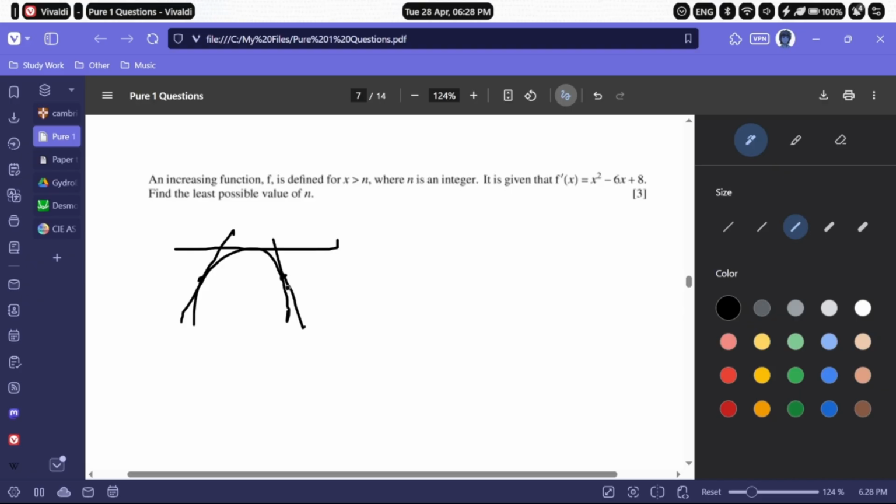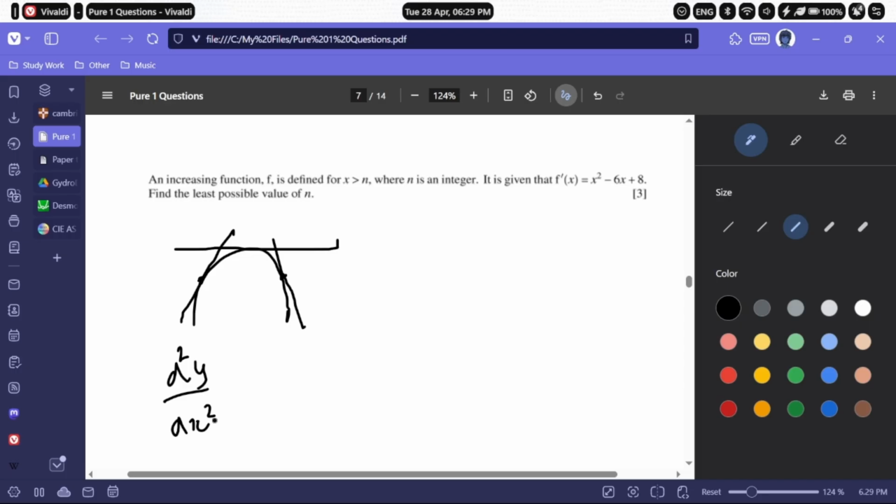Now, your second derivative, which is, let's say this curve over here is equal to y. So d2y by dx2 is, in simple words, the rate of change of the function. Now, rate of change of the function is basically your gradient. So basically, your second derivative just tells you what the rate of change of your gradient is. So you don't have to visualize that.